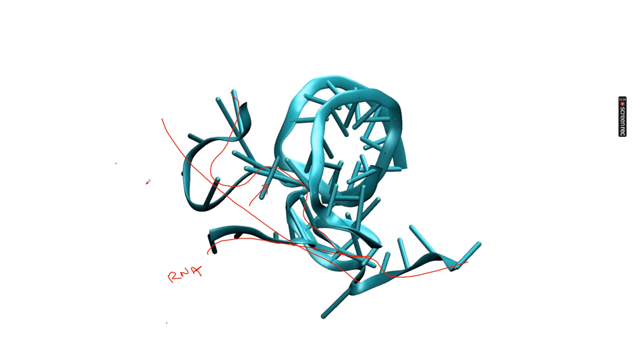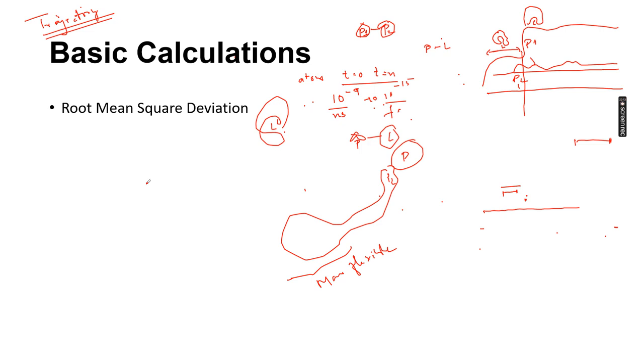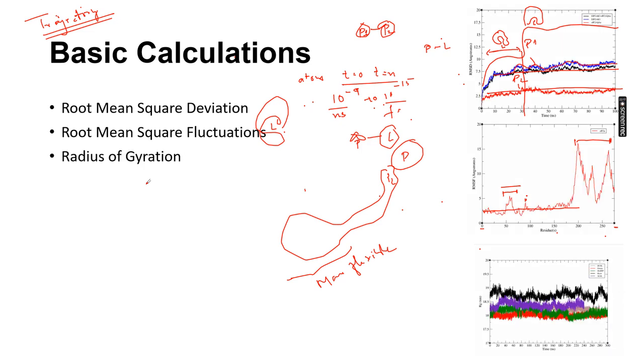When you calculate this, it means there is a movement or change in configuration with respect to axis, x-axis or y-axis. That is called radius of gyration. Usually most of the proteins have a stable radius of gyration because they won't flip the entire structure.